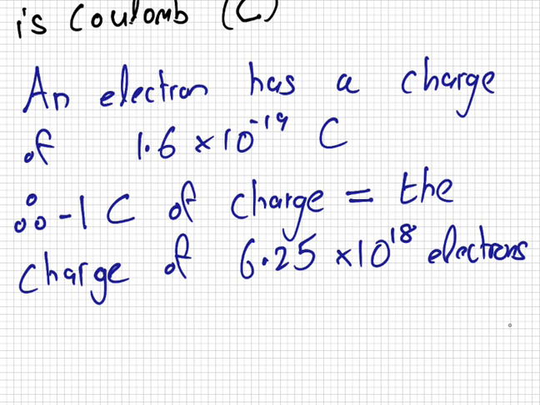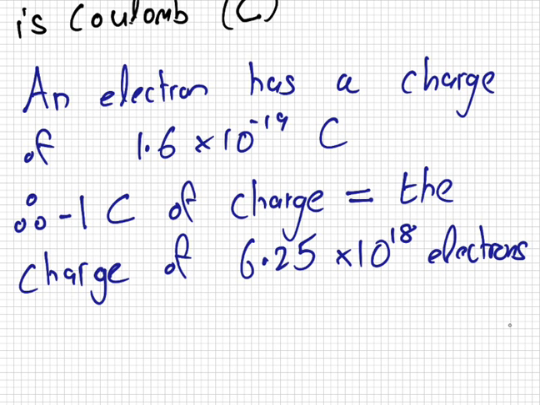If I said something has a charge of -1 coulomb, it's like saying it has the same charge as that many electrons. And I like this definition because I feel like the charge of an electron is like a basic unit of charge. You never really deal with things so much smaller than this.